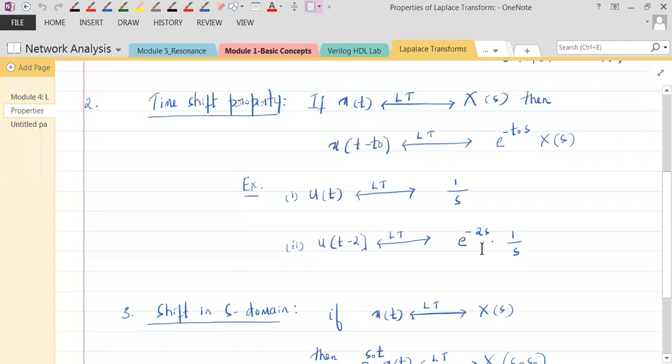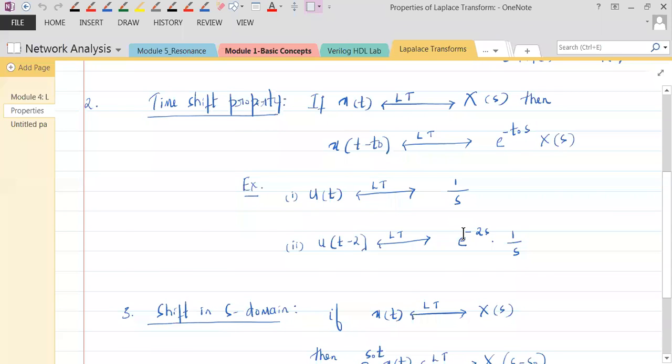That is e power minus 2s into 1 by s. 1 by s is the Laplace transform of the basic signal, the unit step u of t. Since it is shifted by 2, we need to associate X of s with e power minus 2s. And if there is a minus, there should be a minus in the power here.